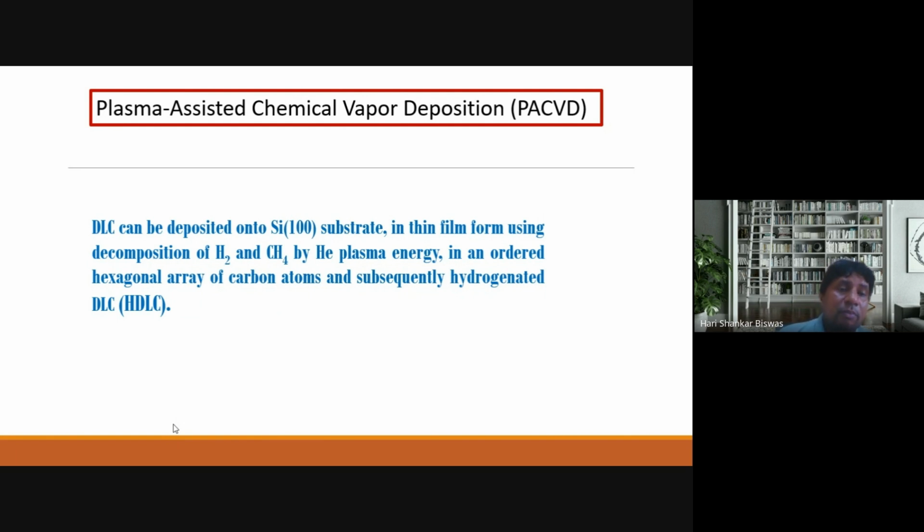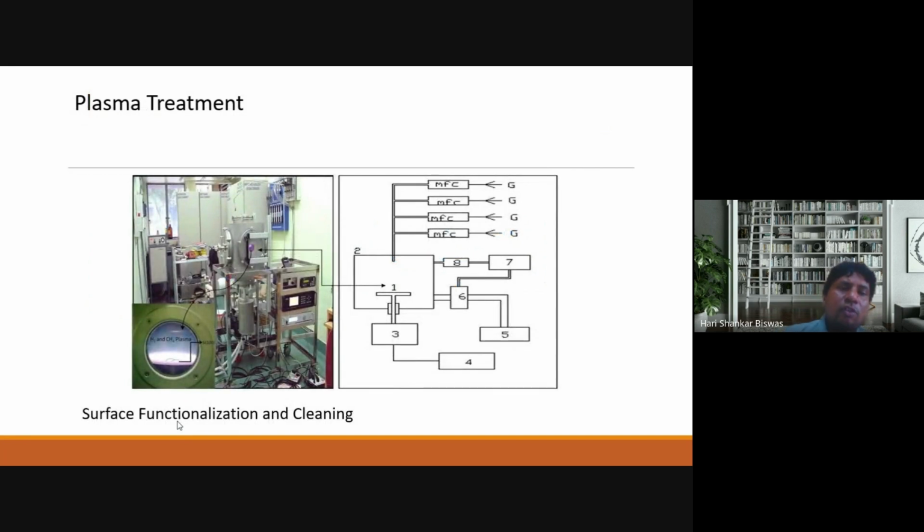DLC can be deposited on the silicon 100 substrate as a thin film formed from hydrogen and methane gas by helium plasma energy, in an ordered hexagonal array of carbon atoms and subsequently hydrogenated. And this is an instrument where we can measure the hydrogenated diamond-like carbon at room temperature.